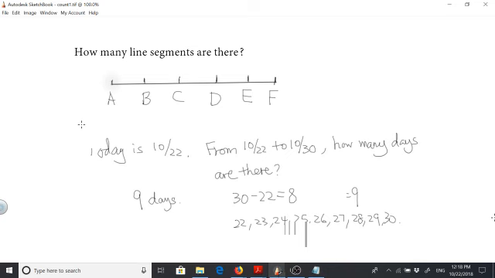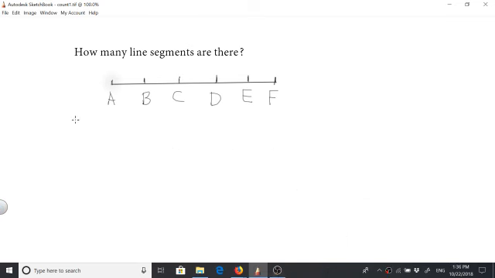So first, we need to be careful. It's not only 5 segments we're talking about, because when you say 5 segments, these are just 5 segments of length 1.